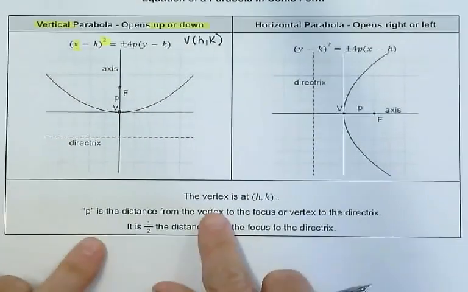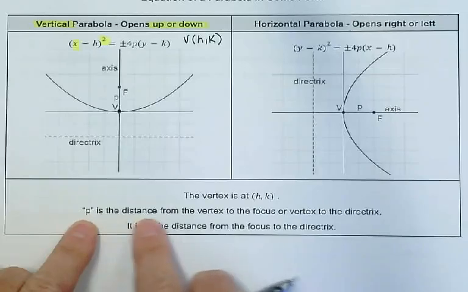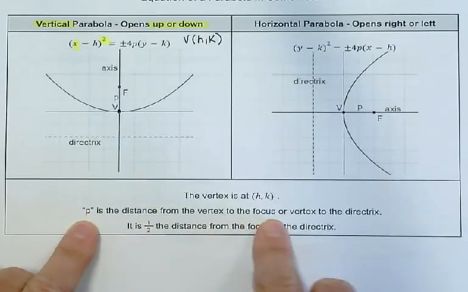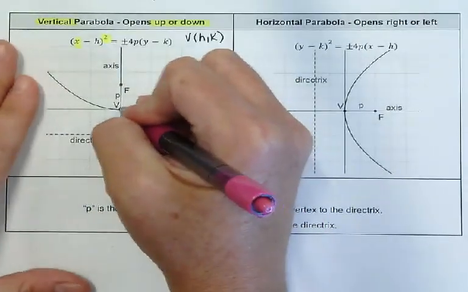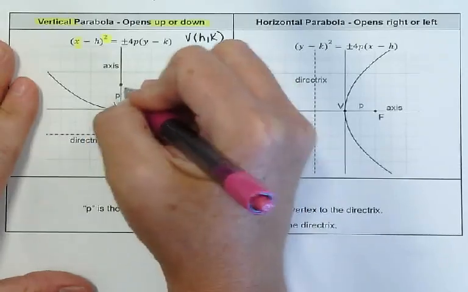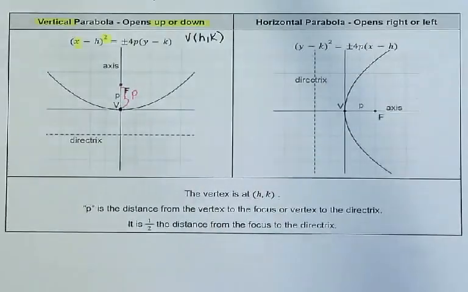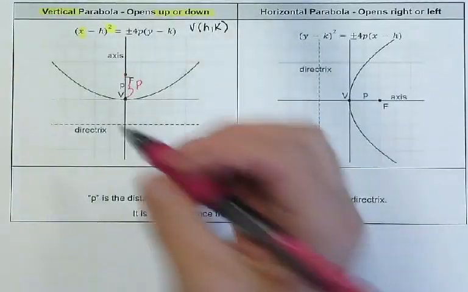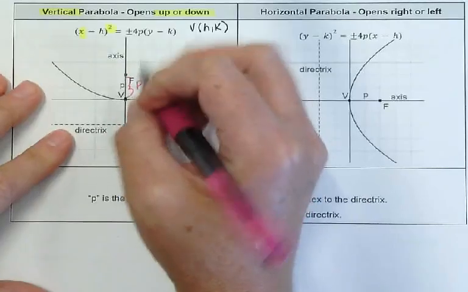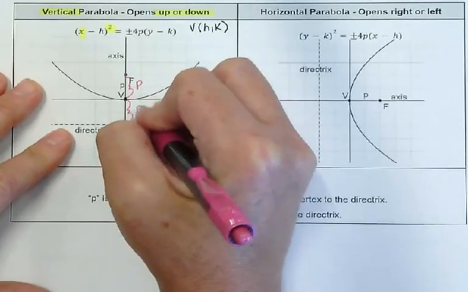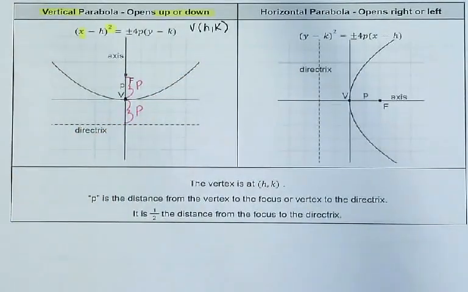So if you look down here, vertex (h, k), p is the distance from the vertex to the focus. So from here to here has a distance of p. And also from the vertex to the directrix, here to here, also has a distance of p.